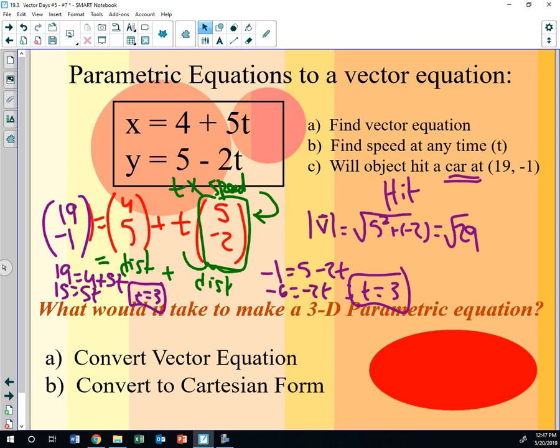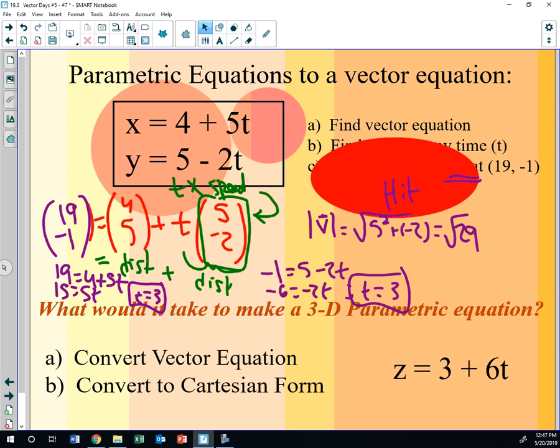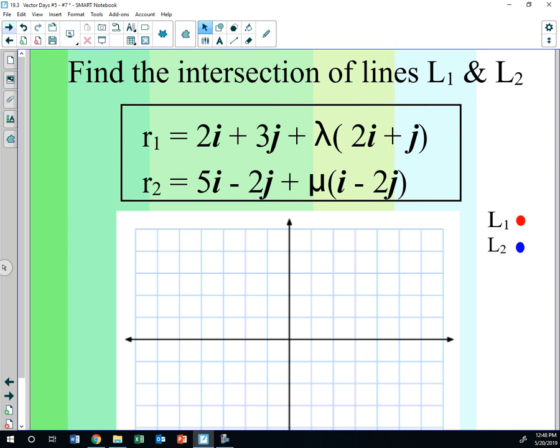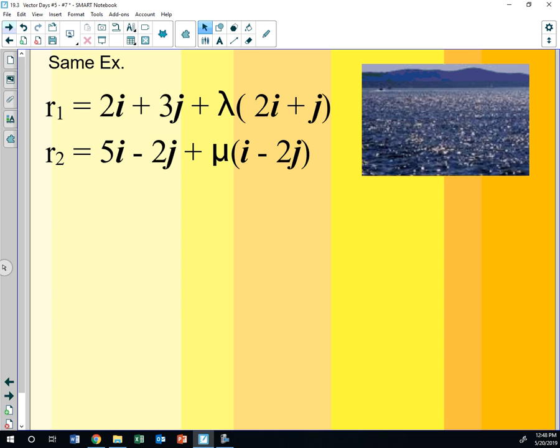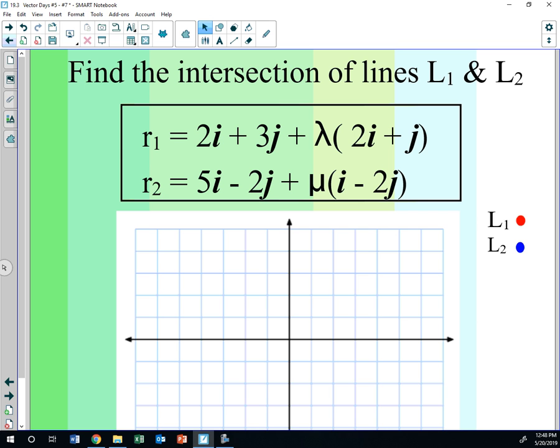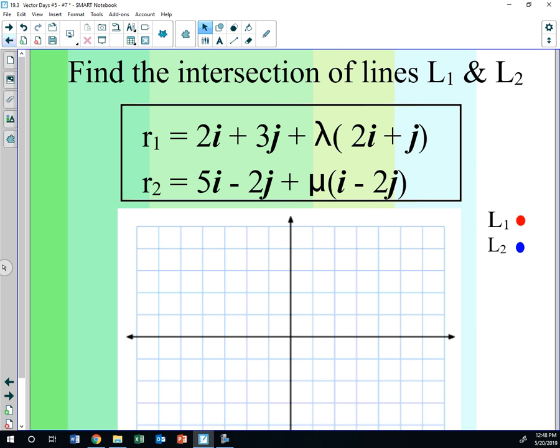And if we were in 3D, all you need is another variable, z, equal 3 plus 6t. Okay, so we're getting to the good stuff now. Well, let's try this. So we have a vector 2, 3, over 2, up 3, and in direction forward 2, up 1.